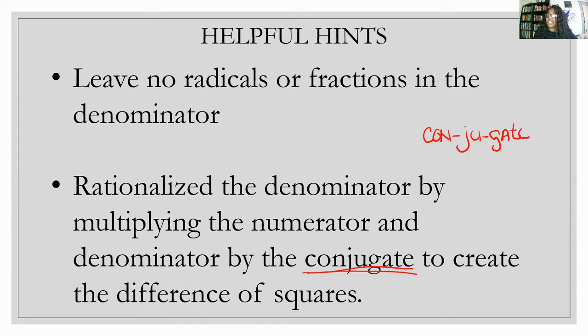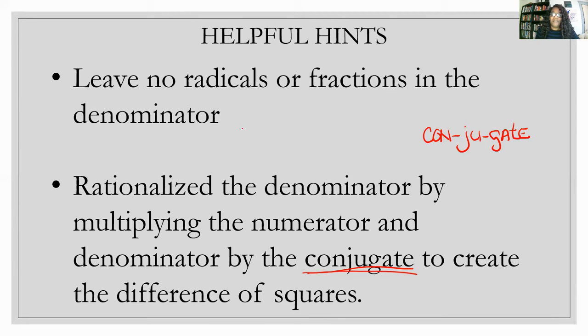What a conjugate is, if I may read, it rationalizes the denominator by multiplying the numerator and the denominator by its opposite. So you're basically creating the difference of squares in the denominator so you can get rid of the radical.